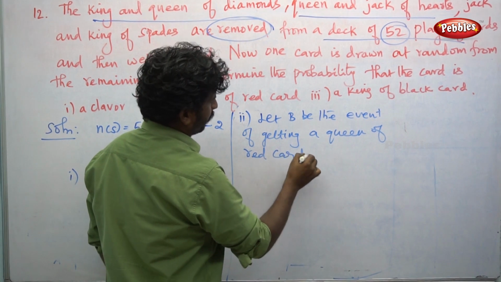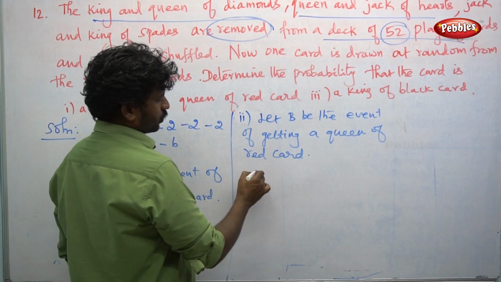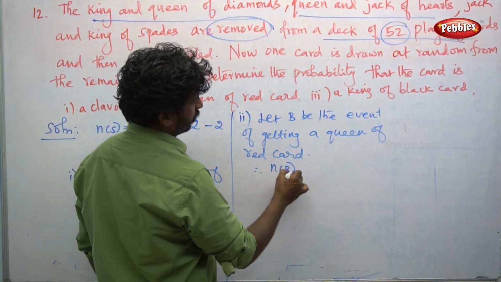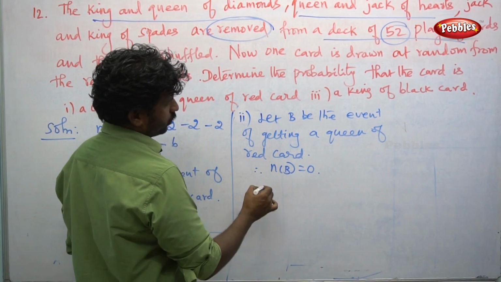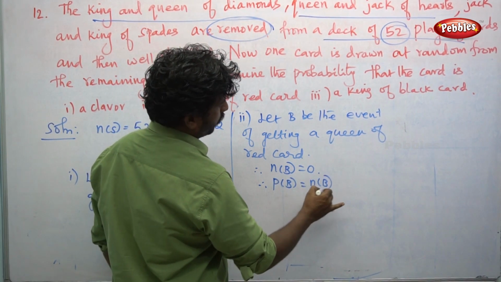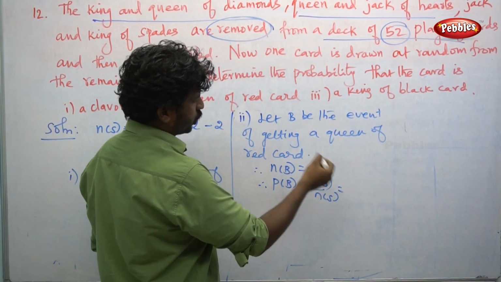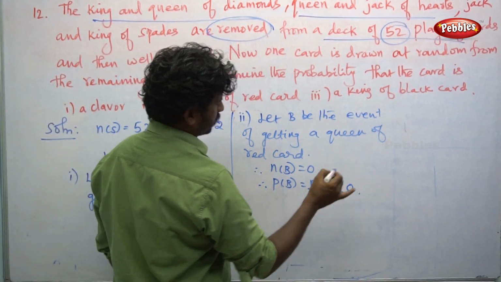Queen of red card, there won't be any such card, right? There will be no queen in the red cards. So we take n of B equal to 0. n of B is equal to 0. Therefore P of B is equal to the n of B by n of S. So n of B here is 0, 0 by anything is 0, that's all.